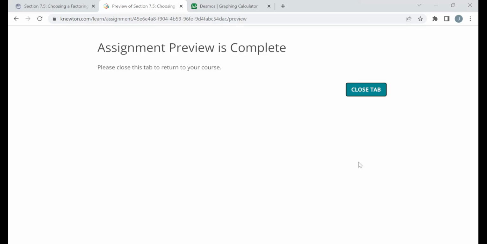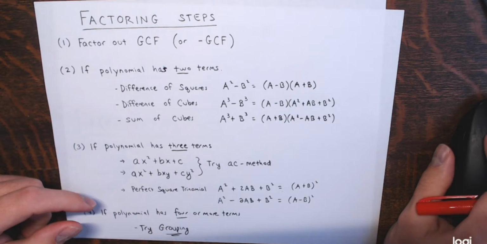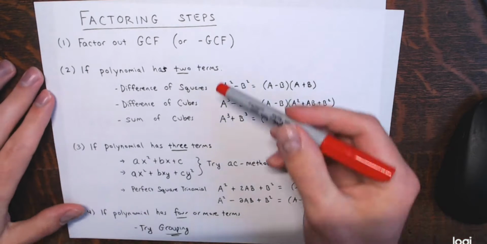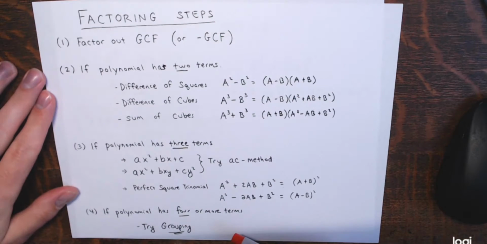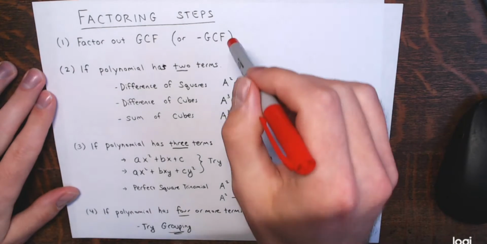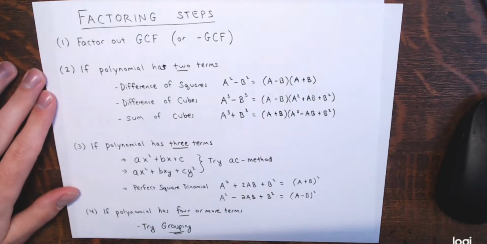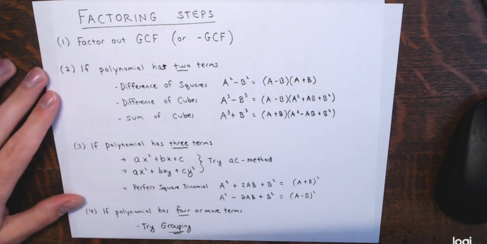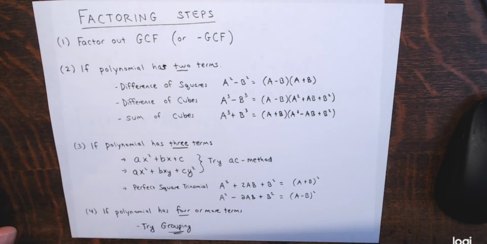But definitely have these factoring steps in your head, at least this much. What you should be thinking about when looking at a polynomial: first thing, factor out the common factor, or a negative common factor if its lead coefficient is negative, and then you just go through different possibilities depending on whether the polynomial you're looking at has 2 terms, 3 terms, or 4 terms.